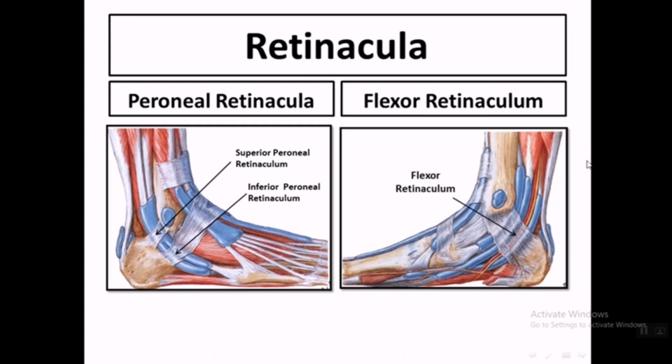On the medial aspect of the ankle, we have the flexor retinaculum, which is also a thickening of the fascia extending in between the medial malleolus and the medial surface of the calcaneum, holding the tendons of the posterior compartment of the leg in position with the tibial nerve and tibial artery.